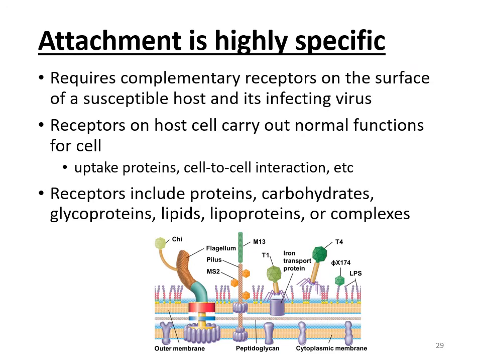Now, in order to infect the bacterial cells, the virus first needs to be able to attach. And notice, even with our cells, anytime a virus is going to attach, it has to be highly specific. The big way that viruses attach and ultimately enter cells is through receptors.